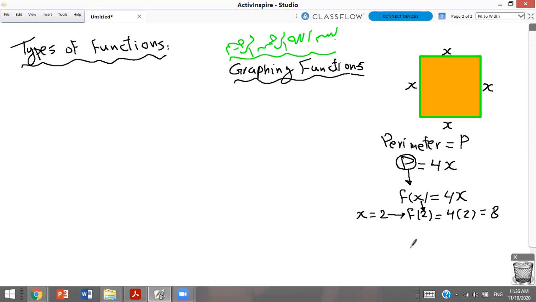What does it mean? Here I supposed that x equals 2. We have only this square, or it can change, maybe 3, maybe 4, maybe 5. We have many squares.